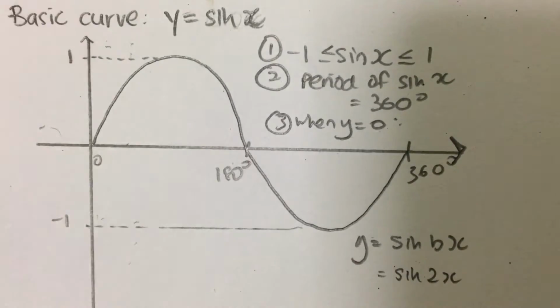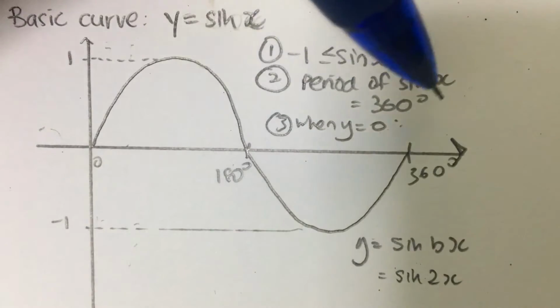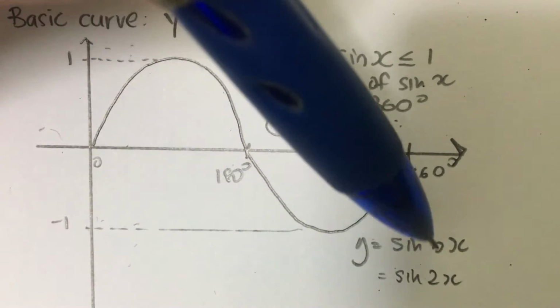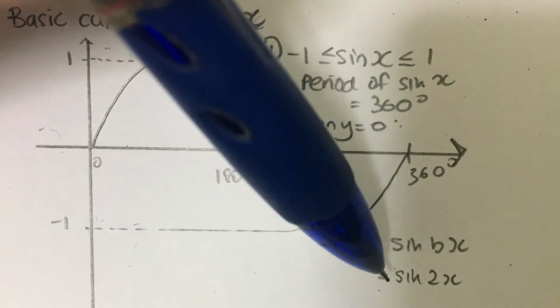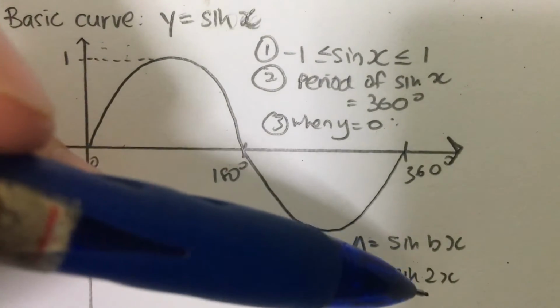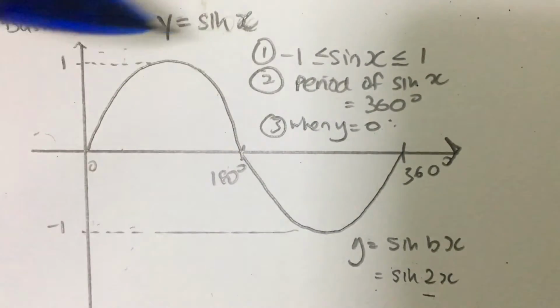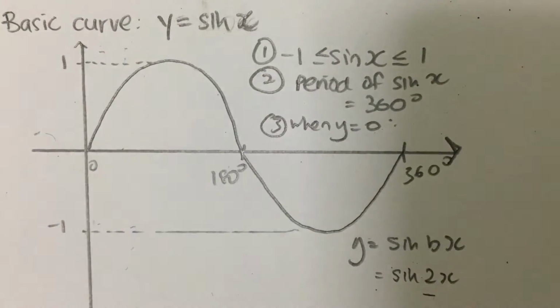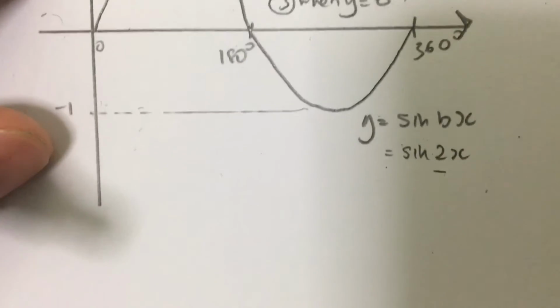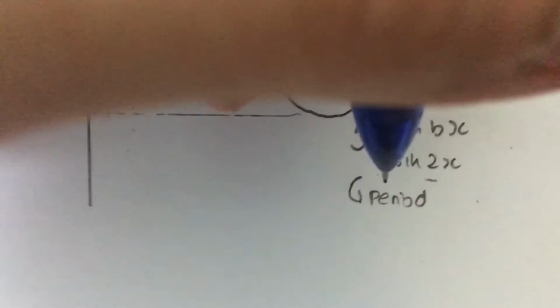The period can change if you insert a particular constant in front of this x. If you have sine 2x, this means there are two complete cycles within 360, so the period for sine 2x is 180.